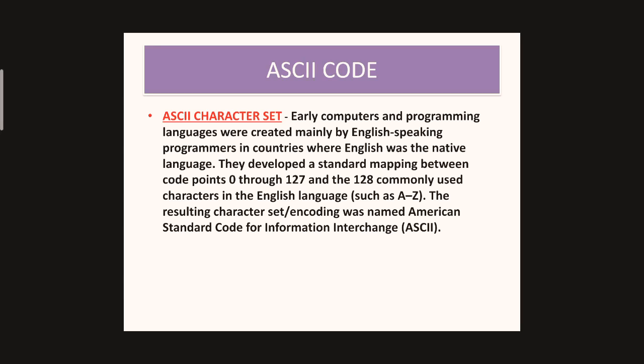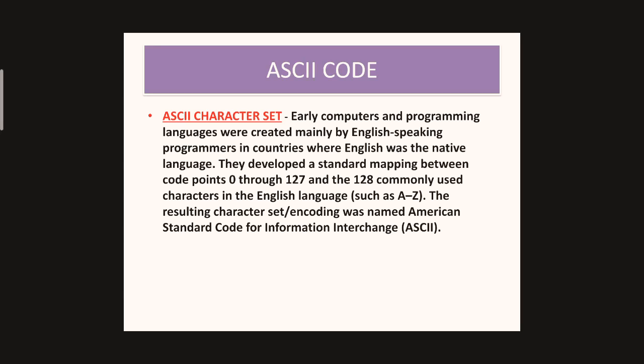So what is basically ASCII code? You know that in our keyboard, whatever device you are using, whether it is your desktop or laptop, while you do the program, there are lots of characters: alphabets A to Z, digits 0 to 9, and some special characters like hashtag, question mark, star or asterisk.